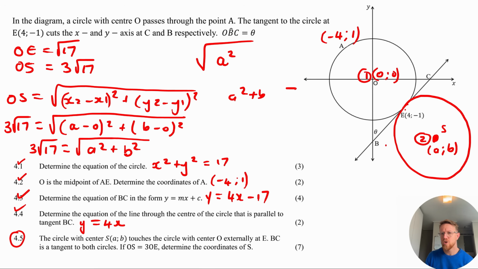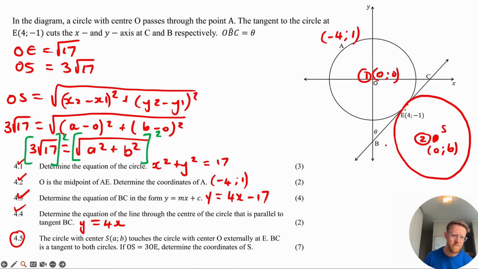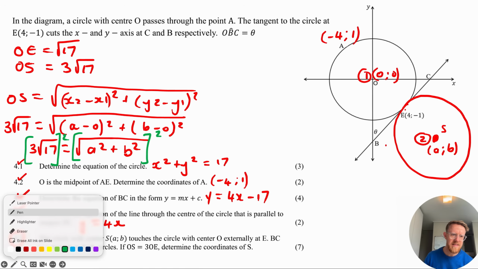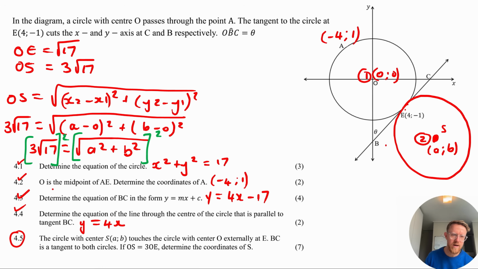Okay, so what do we do? Well, we're just going to square both sides. And then this square here will distribute to each of the terms like that. Or it's one term, but it'll go to each of the parts.